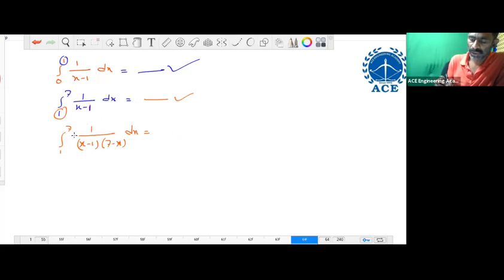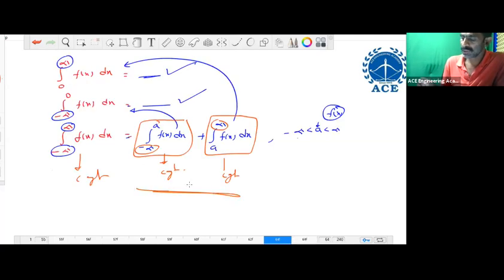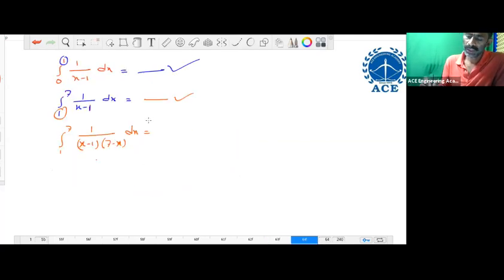Because in this problem, the function is infinite at both limits of the integral. Whenever the function is infinite at both limits, then we should break the interval at some point and write the integral as a sum of two integrals, just like this case. So between 1 and 7, somewhere choose some point.